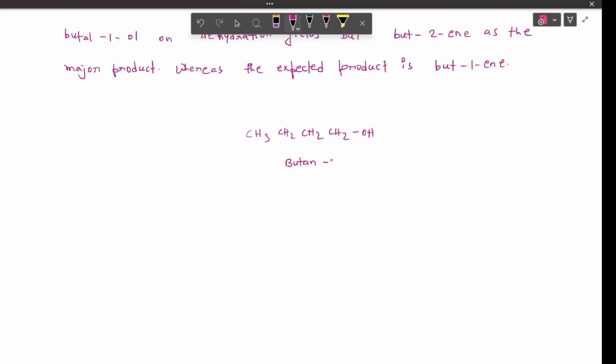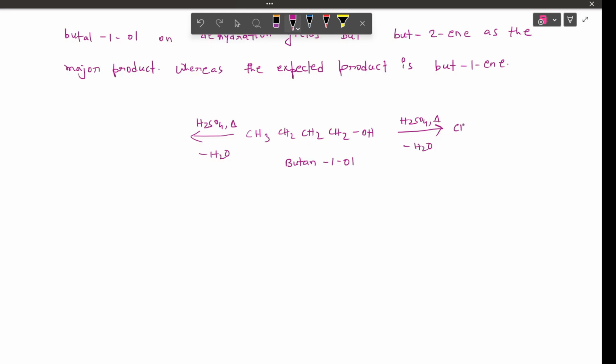If you give H2SO4 with this and heat, one water molecule will be removed, and there is a chance of forming two products.